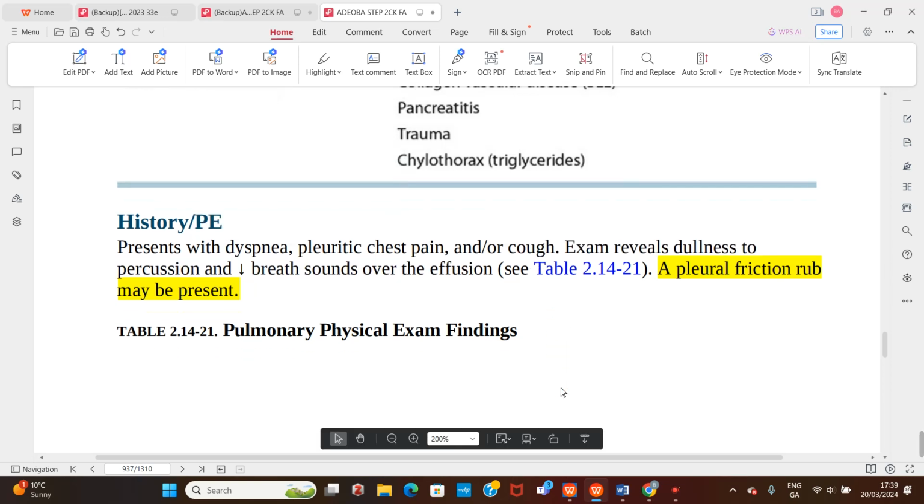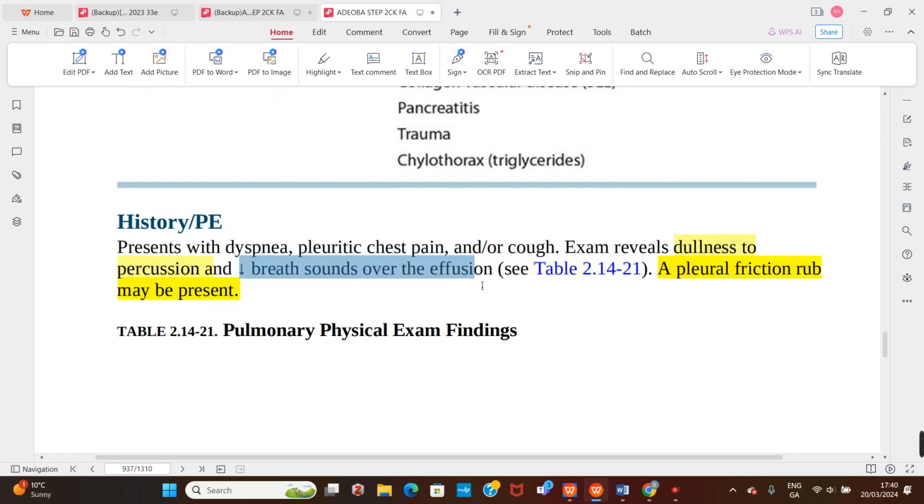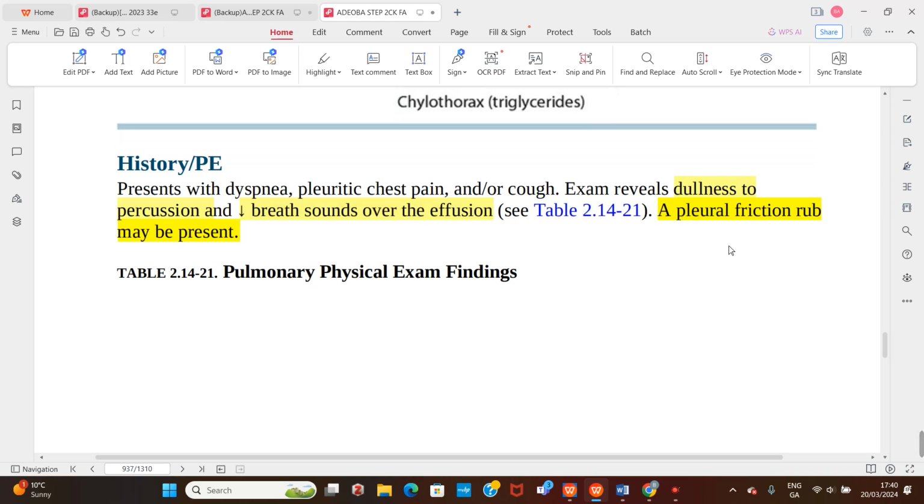If you do your examination, there's going to be dullness on percussion. The breath sound is going to reduce, particularly over the side that is effused. And don't forget the frictional rub. This frictional rub is very specific for them. Although this is pleural frictional rub, not pericardial.